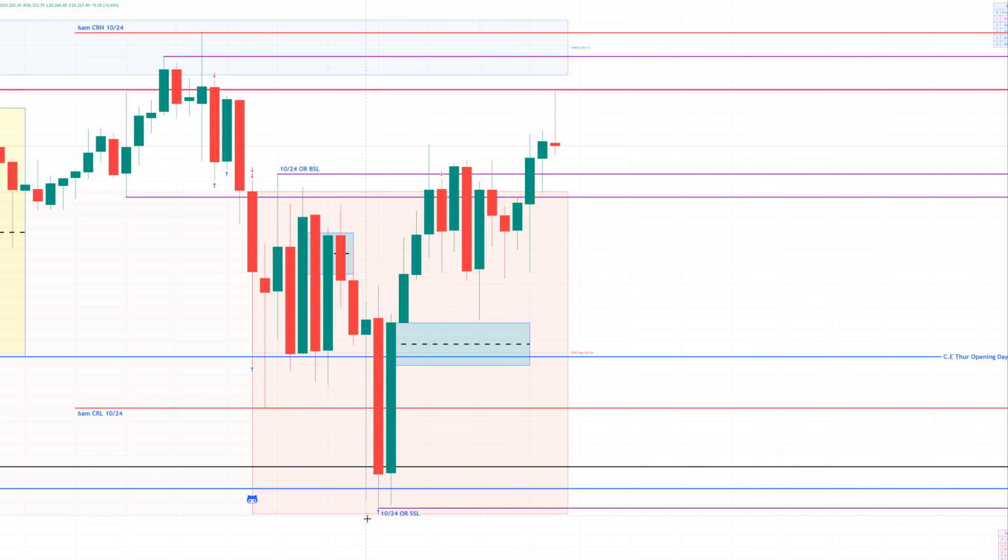Now, you see something here that says 1024 OR SSL. I put OR here, I'm not creating a new acronym or anything, it just helps me keep things separate on my charts. So OR, when I write it out, is opening range.